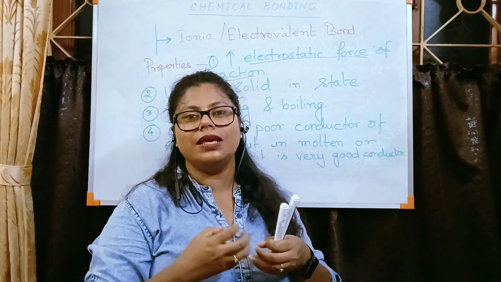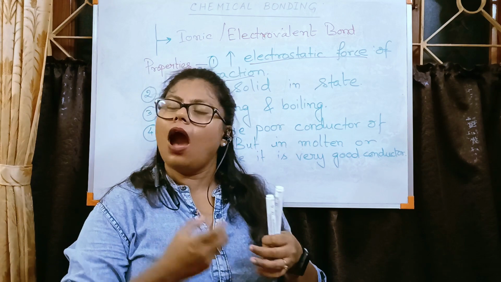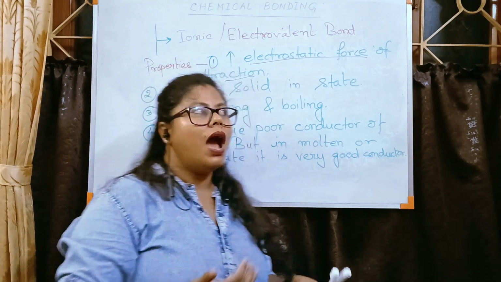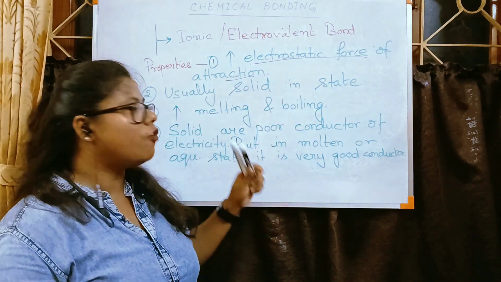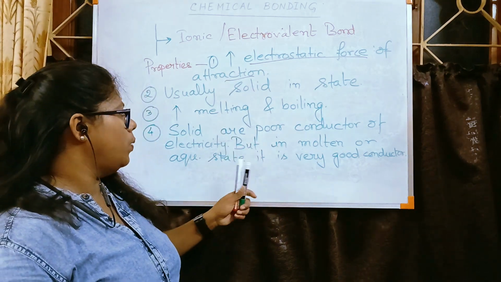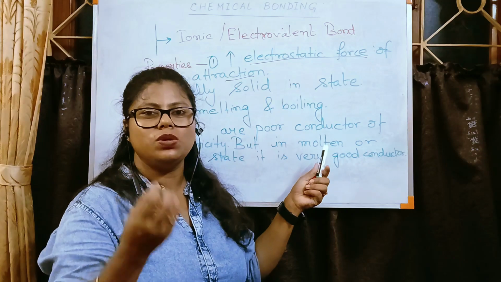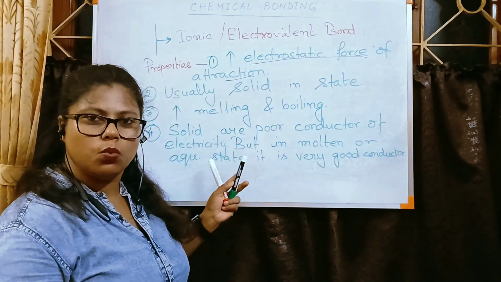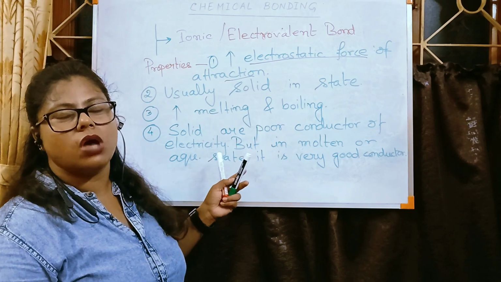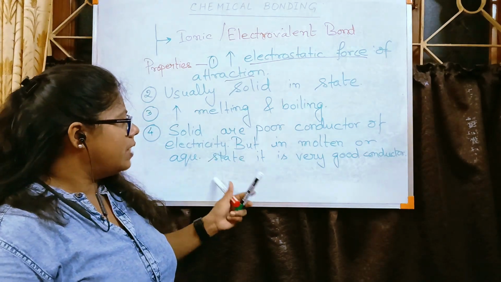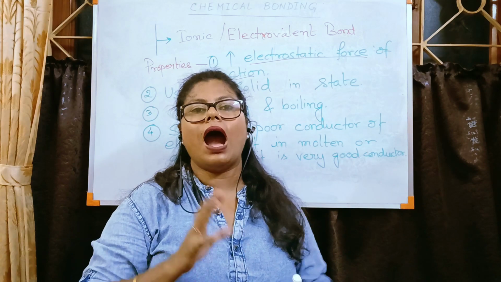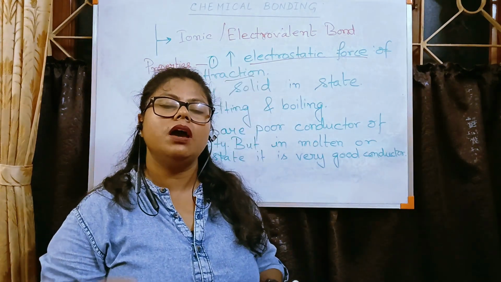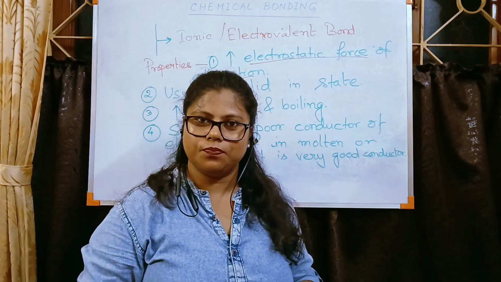And until and unless the charges are moving, how will you conduct electricity? But when we are able to change its state from solid to liquid, that is in molten, meaning we are just melting the salt, or in aqueous state, meaning we are dissolving the salt in water, that time there are a whole lot of ions available to move. That's why it will be a very good conductor of electricity.